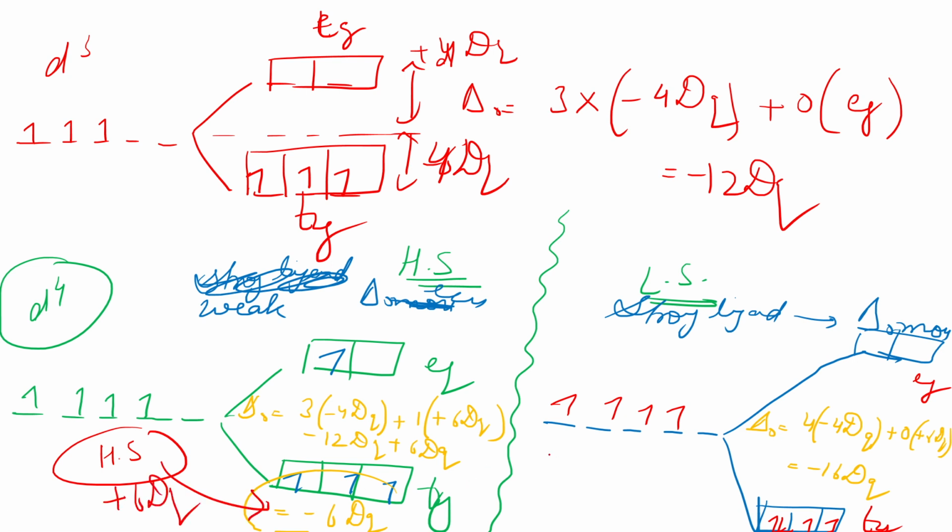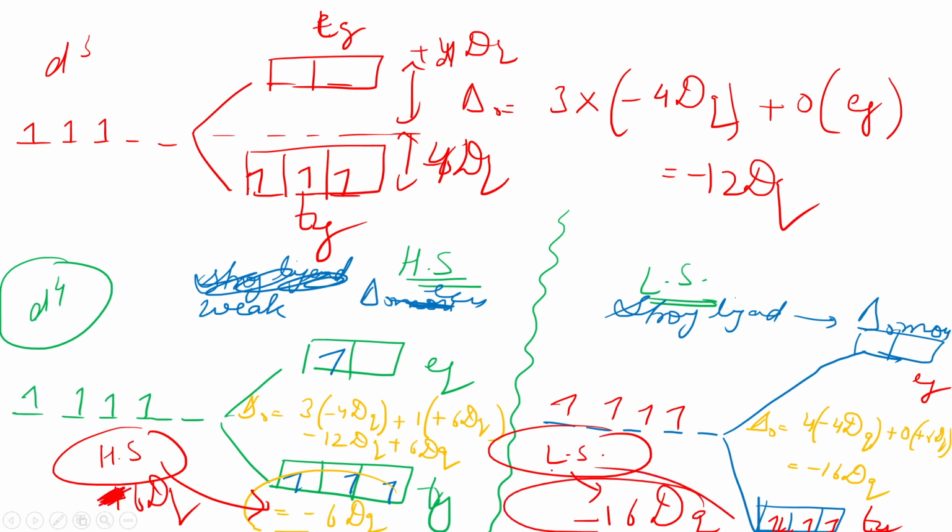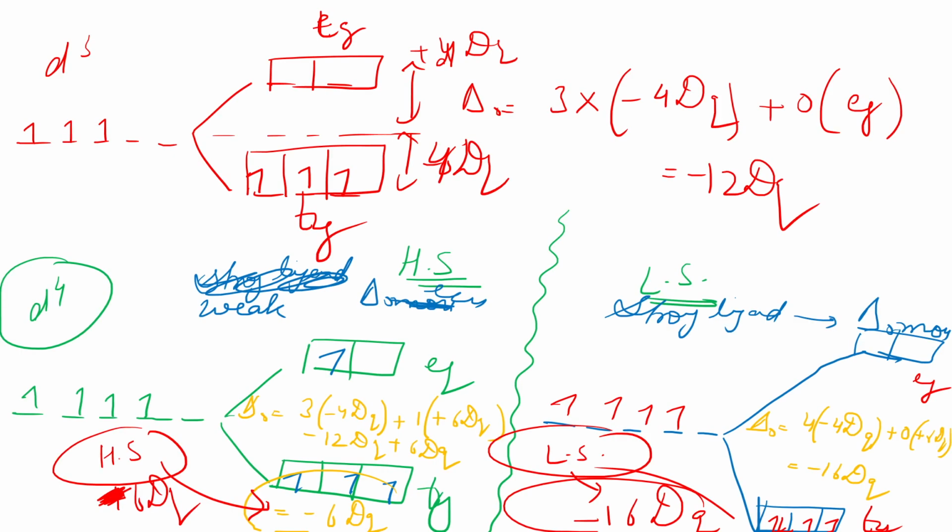In the case of low spin complex, the value comes out to be minus 16 Dq. So which one is more stabilized? Tell me. The one with lower energy is obviously more stabilized. So the one with lower energy is minus 16 Dq. The low spin complex is more stabilized. I hope you guys understood.